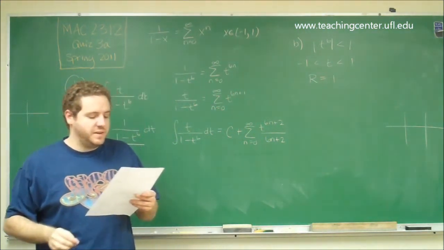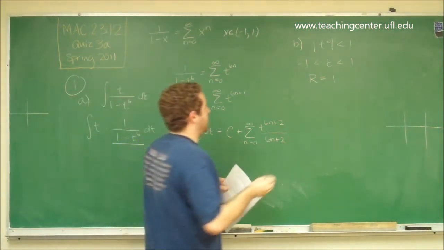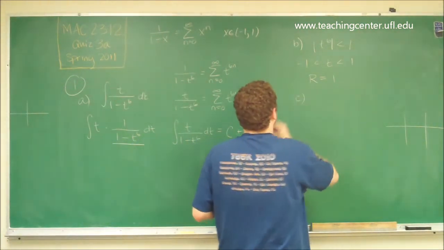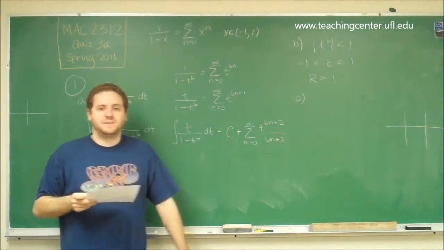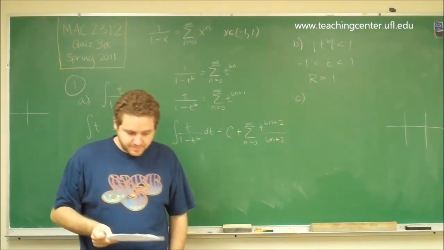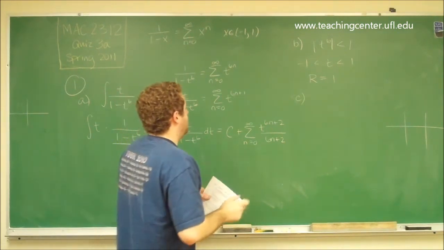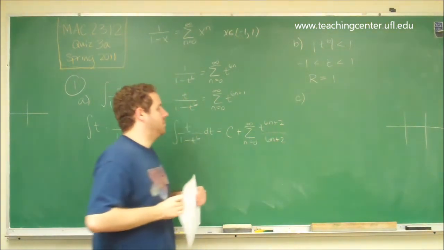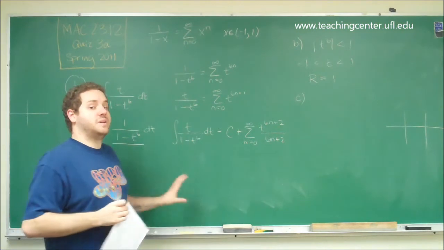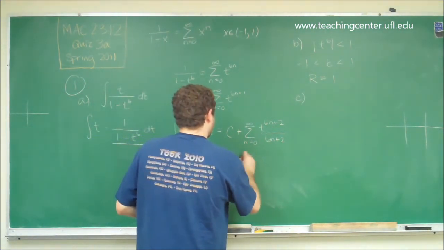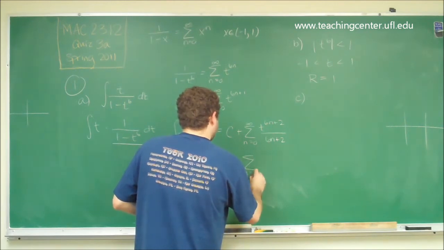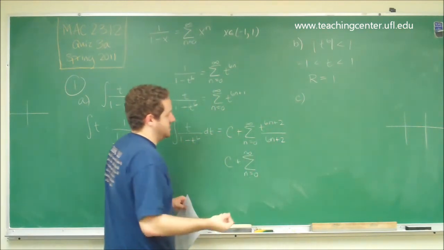Okay, and part C was to find a certain number of constants here, not the constants of integration, sorry, the constants that are multiplied times the terms of the power series. So remember that for a power series, you have the variable part and then you have everything else. So let me rewrite this real quickly in a form that's easier to recognize what this question is asking.